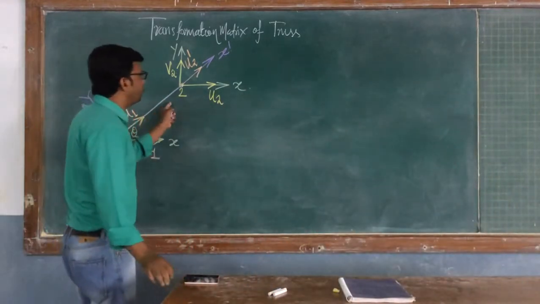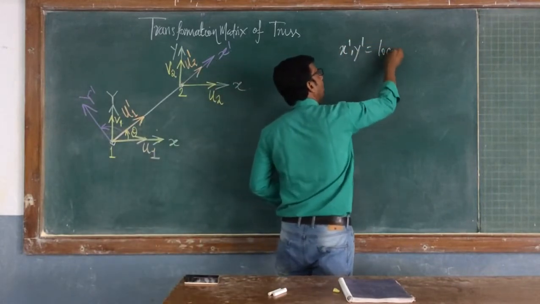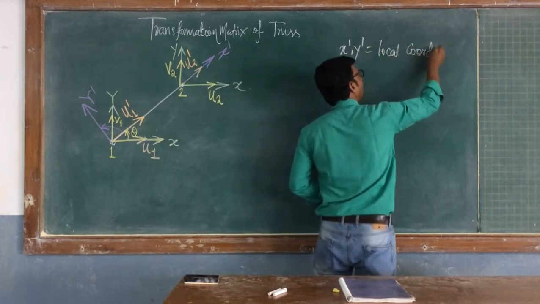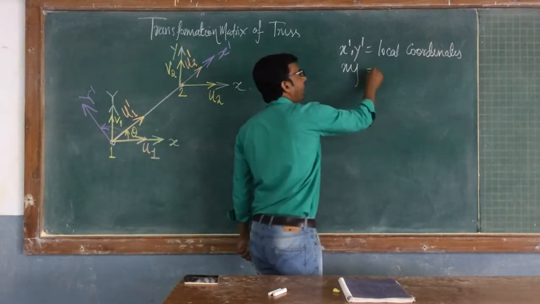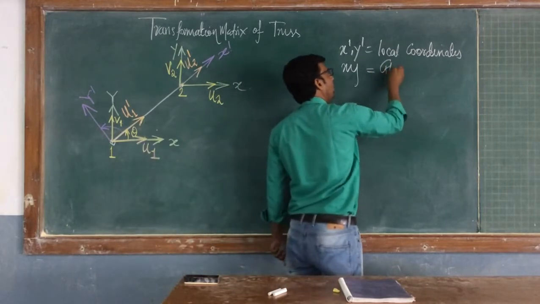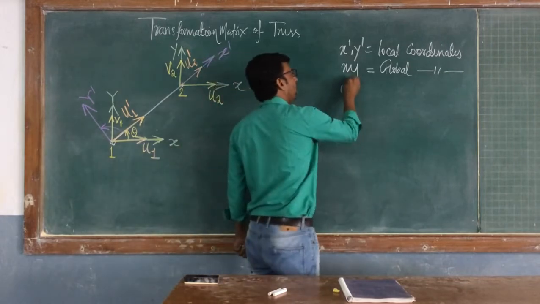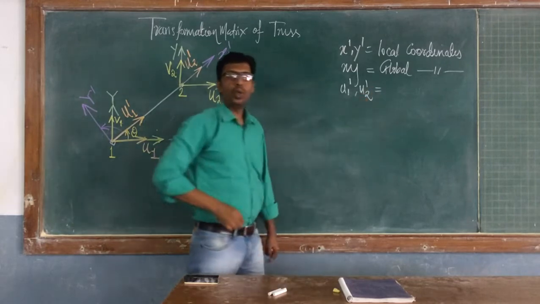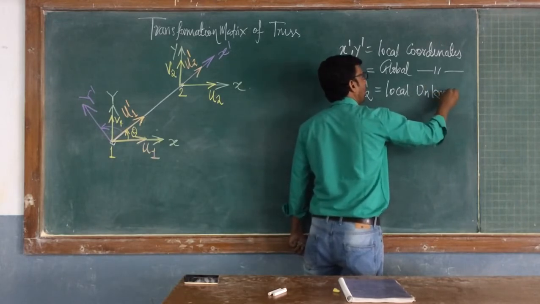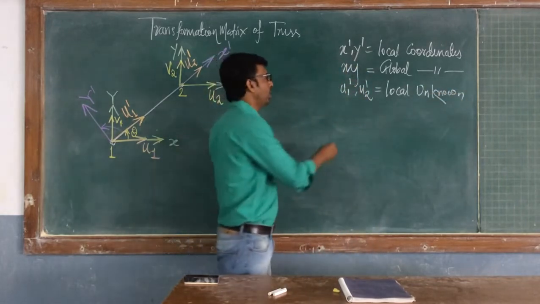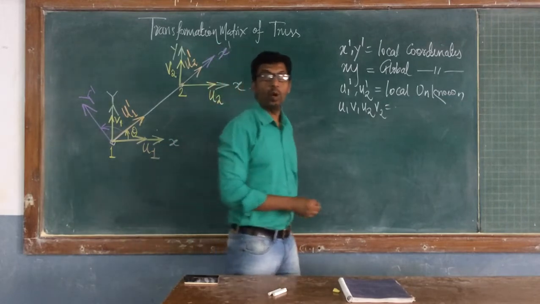For example, here you write down x dash, y dash represent local coordinates, xy represent global coordinates, u1 dash, u2 dash are the local unknowns, and u1, v1, u2, v2 are the global unknowns.